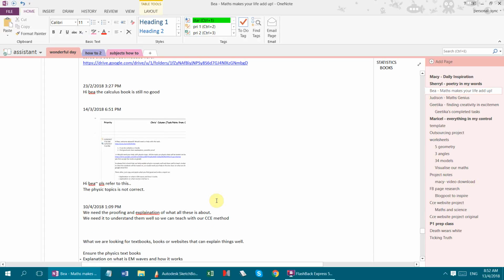Okay, first of all, for all the books that you have found previously and in future, please note down a list with the name of the book, the publisher, and the author.